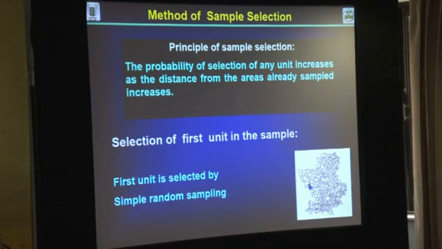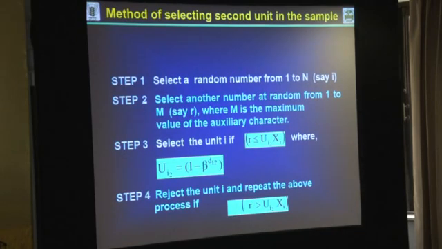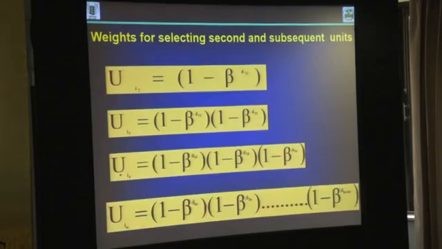So in this, the first unit is selected by simple random sampling, and then for selection of second unit, we have calculated the weights, which takes into account the spatial correlation. In the sense, weight for second unit is 1 minus beta D12, where D12 is the distance between the first selected unit and all the remaining units.